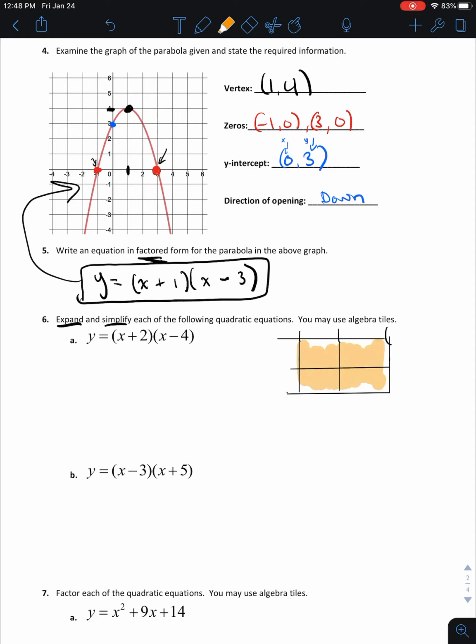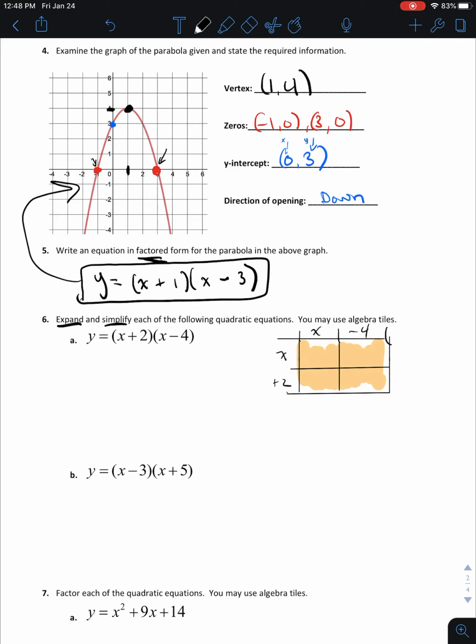I'm trying to fill in the middle, that's what the expansion does. I'm trying to fill in the inside because area is equal to the length times the width, and this is the area on the inside. So here's my length and here's my width. They're going to go on the outside edges.